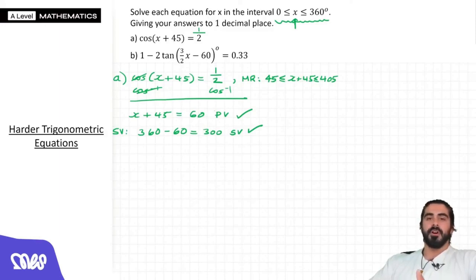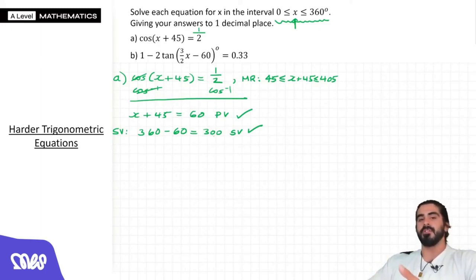Now we've got a primary value and our secondary value. The next thing is we need to decide if we want to add or minus 360. If you take 60, which is already in the range, and you add 360, that's obviously going to come out of the range, but you should verify that. 60 plus 360 is 420. That's bigger than 405. And we're not even going to try and minus, it's just going to be way too small. Next one, 300. Are we going to add 360? Definitely not.